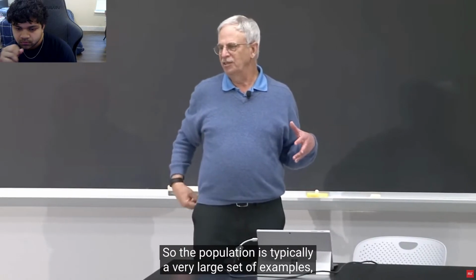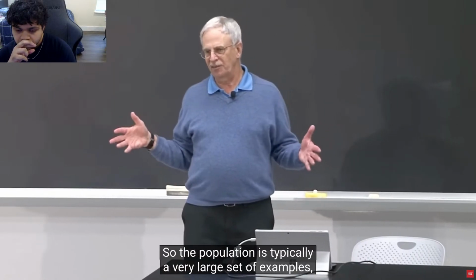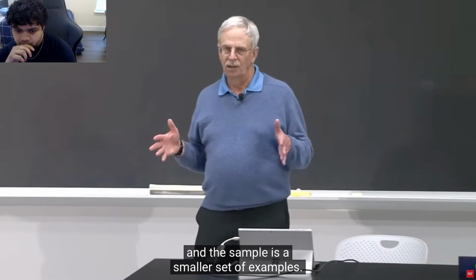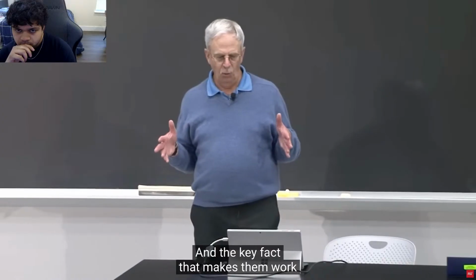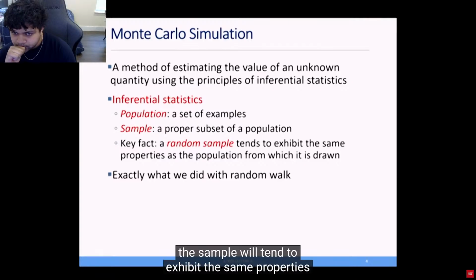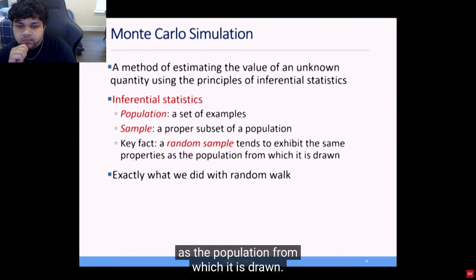So the population is typically a very large set of examples, and the sample is a smaller set of examples. And the key fact that makes them work is that if we choose the sample at random, the sample will tend to exhibit the same properties as the population from which it is drawn.